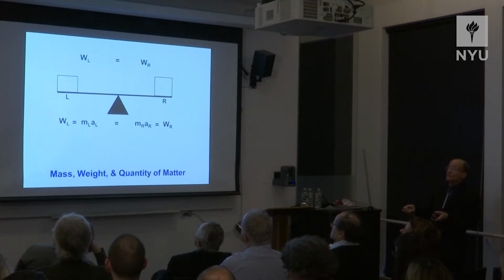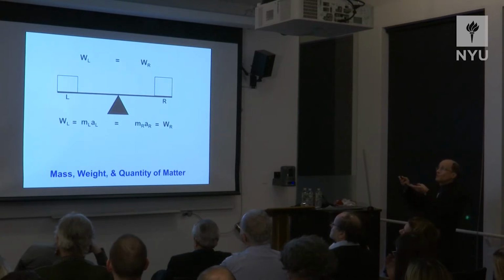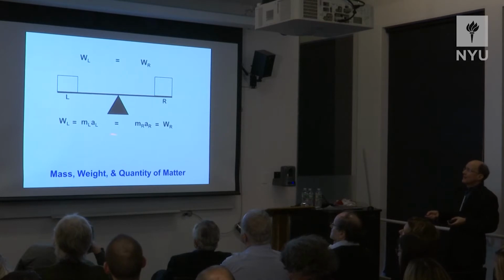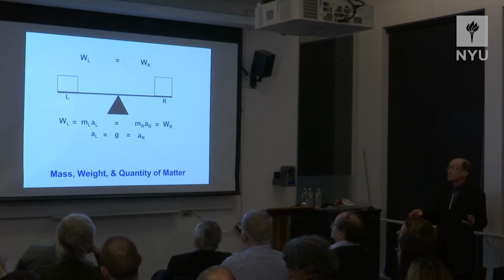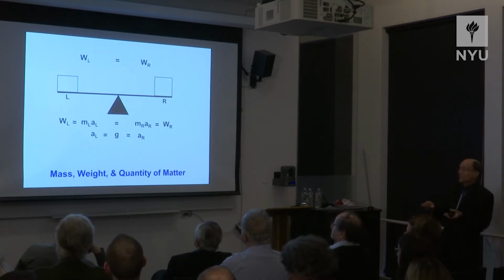So the gravitational force on each of the bodies, from Newton's point of view, is just what the weight is. Now, how do we get this inertial mass to come in? Well, by the Galilean property, these accelerations are equal near the surface of the Earth. That's a given. Therefore, the inertial masses are equal if the weights are equal.